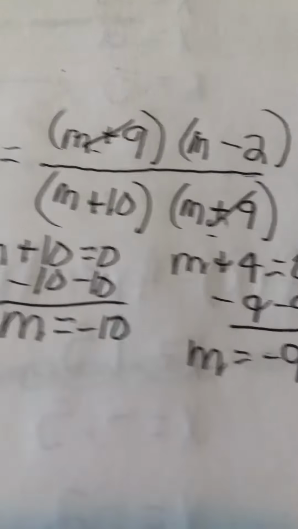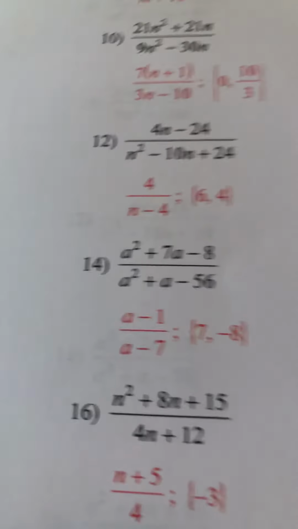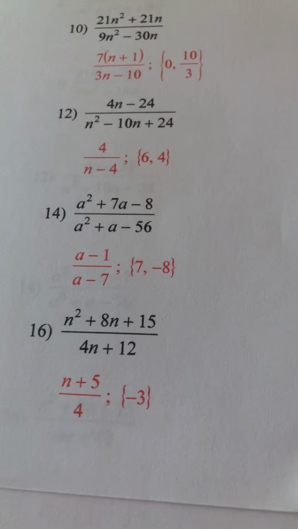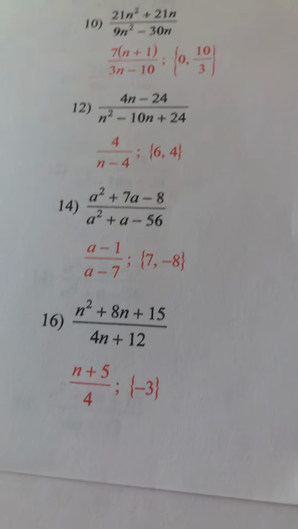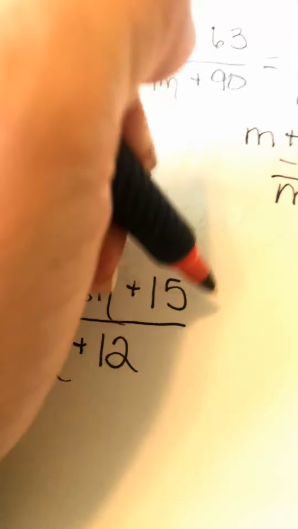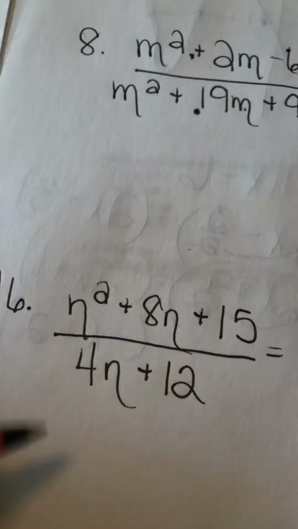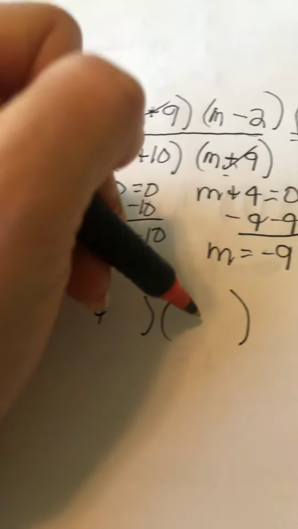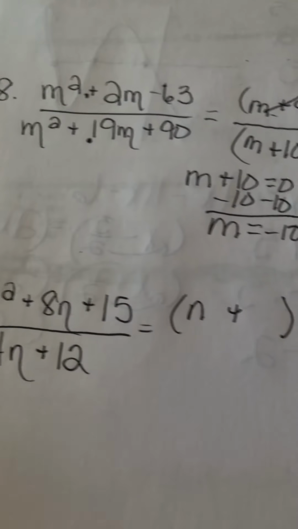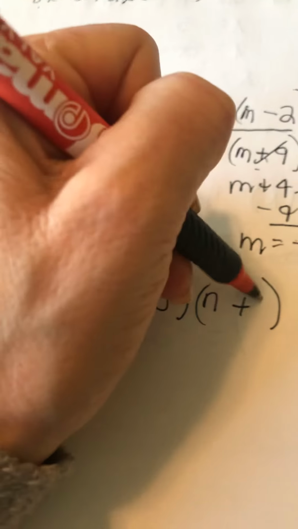Now let's take a look at number 16. We have (n squared + 8n + 15) over (4n + 12). In this case, we're going to factor the numerator. Both signs are going to be a plus, and then n and n, and then factors of 15 that add up to 8: 5 and 3.